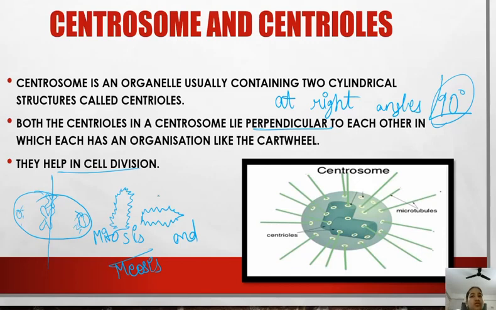It just distributes an equal number of chromosomes between the two cells. So for now, I would like you to just understand that it helps in cell division, as I explained in a brief manner.